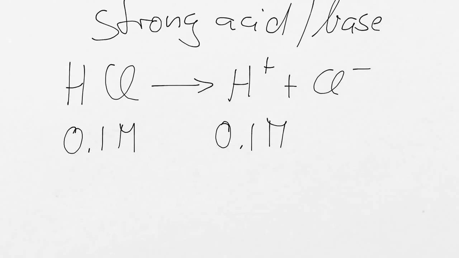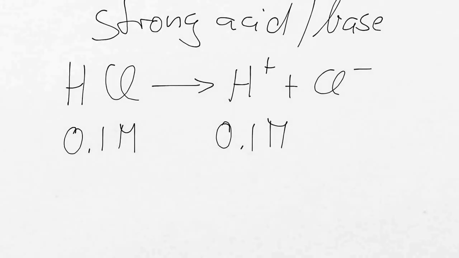But what happens if we have a weak acid? What happens if the acid is weak? Now let's have a look at it first. Let's say this is our acid, HA.